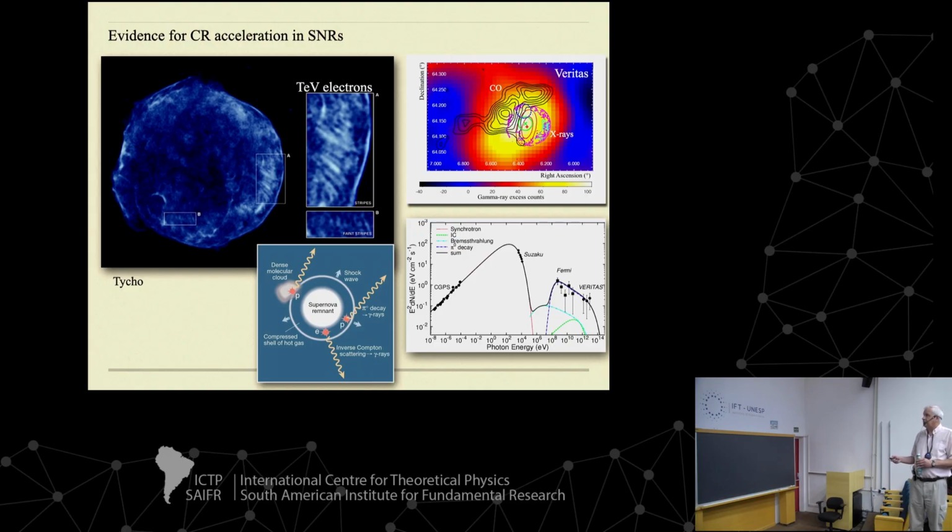But then at GeV energies, up to TeV energies, we have a hard spectrum that can be well fitted by proton-proton interactions. And the inverse Compton component that corresponds to these electrons that are producing this synchrotron radiation is this small component here. So essentially, the high energy emission is dominated by hadronic interactions in this case.